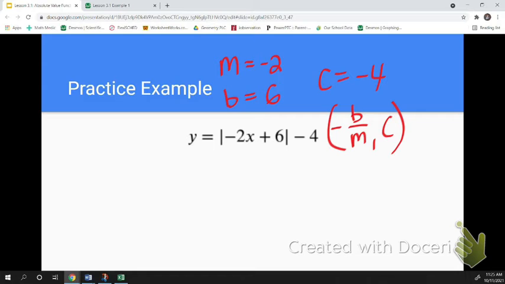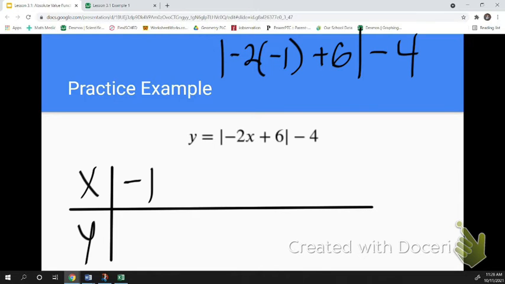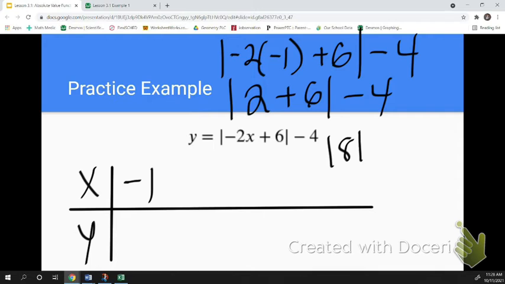You can talk to someone near you. -2 times -1 is positive 2 plus 6. 2 plus 6 is 8. So you end up with 8 minus 4. I got 4.